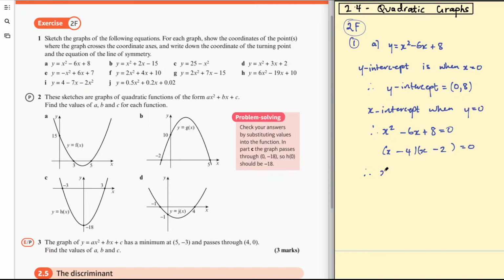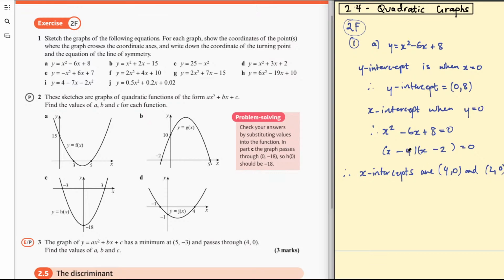Therefore the x-intercepts are (4, 0) and (2, 0), right?